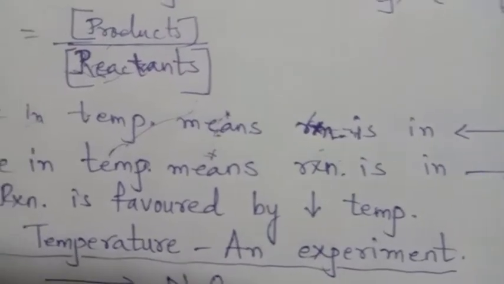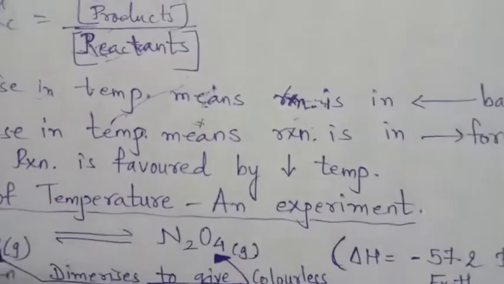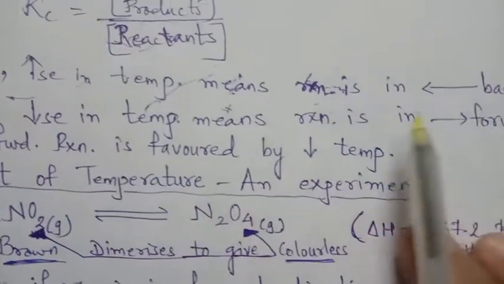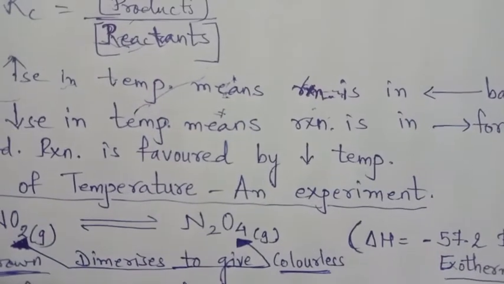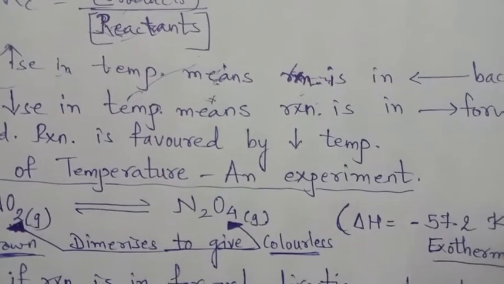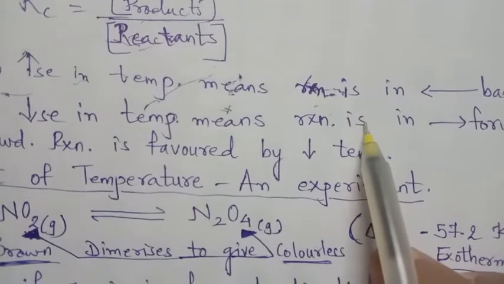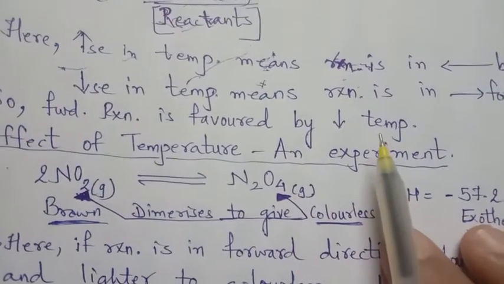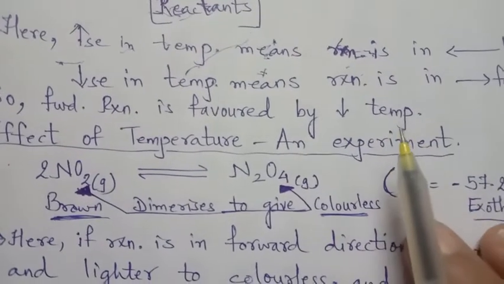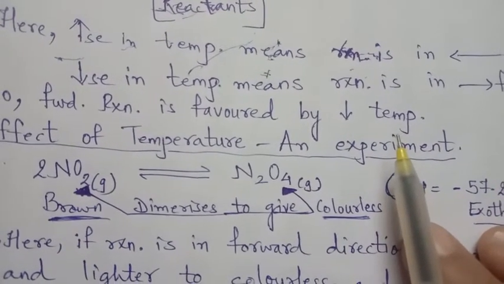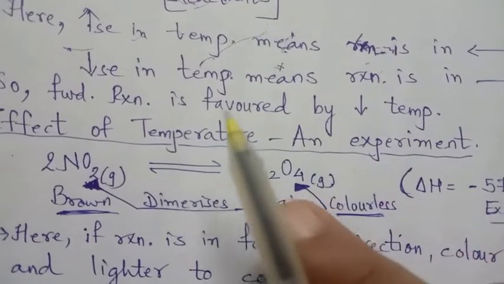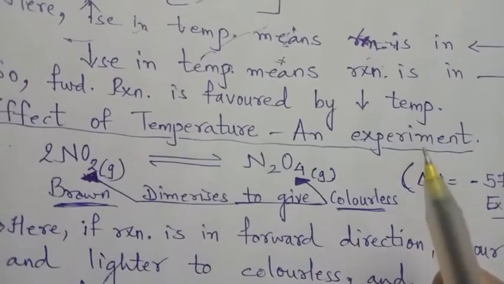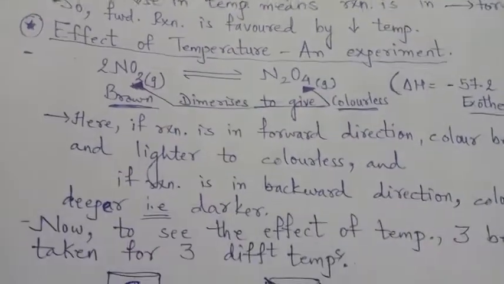This you have to keep in mind. So, forward reaction is favored by decrease in temperature. When the temperature is decreased, then the reaction will take place from reactant to the product. Let us see here experimentally.